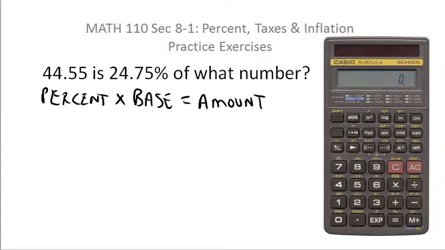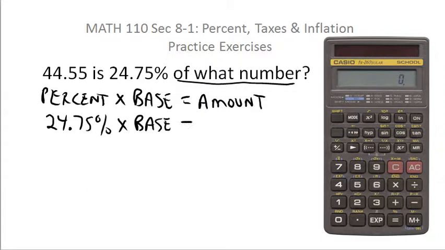Well, the percent is obviously 24.75%. Of what number? Again, the base is usually the number following "of", so that's unknown. You can just use B if you like, but I'll write out the whole word base. So the amount is the other number, 44.55.